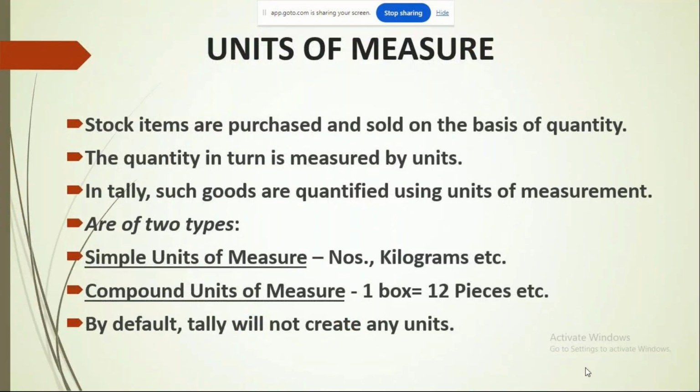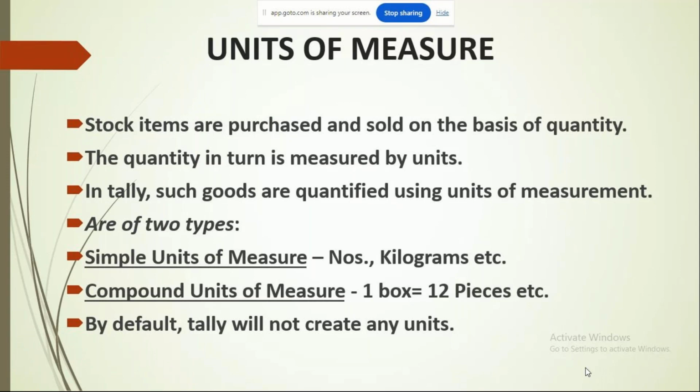Simple. When we are purchasing rice, we measure it in kgs. Any liquid item, that could be oil, water, juice, is in liters. In case of a solid item, it will be in numbers, pieces. If it is in terms of boxes, of course boxes.